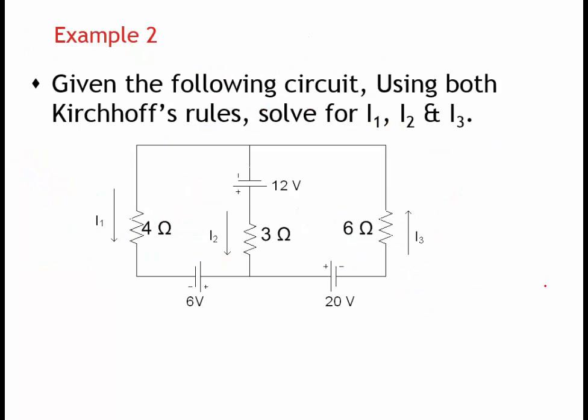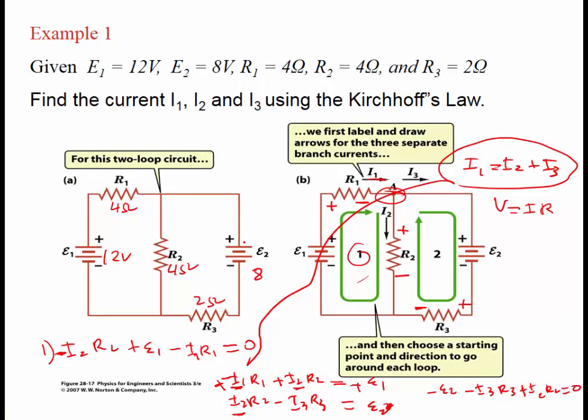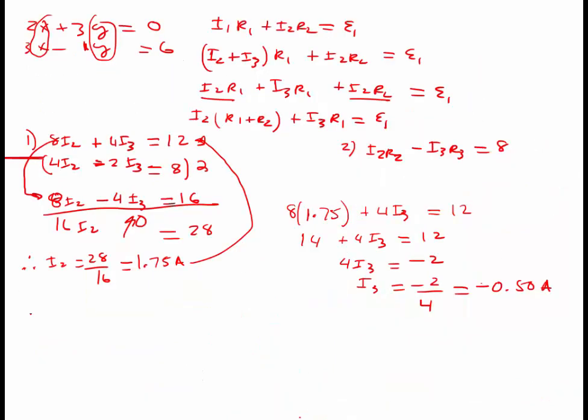Okay. Now that I have I2 and I3, remember that I1 is equal to what? I2 plus I3. So if we're looking over here, I1 is equal to I2 plus I3.